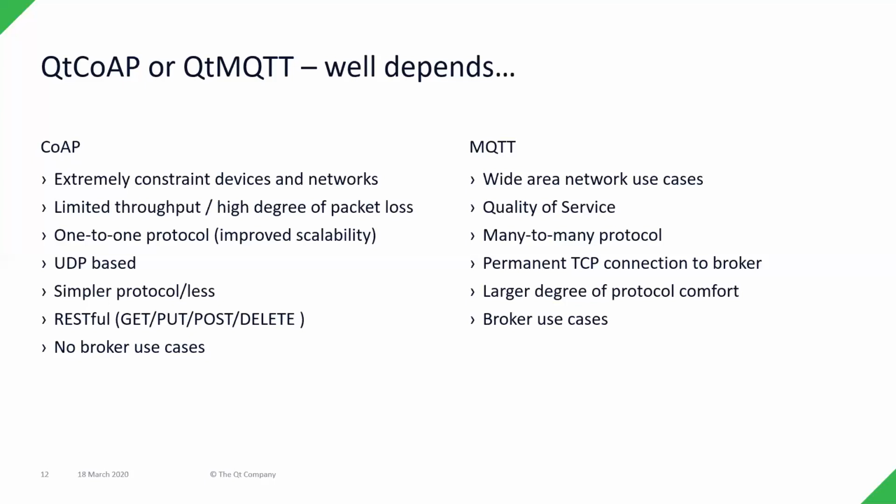You don't have to talk to many devices. That might also be a better way of safeguarding your infrastructure by saying, okay, everybody needs to go through a well-known broker, which can be adequately protected, etc. It's TCP connection based, so the benefits of TCP apply, and there's a lot of protocol comfort.